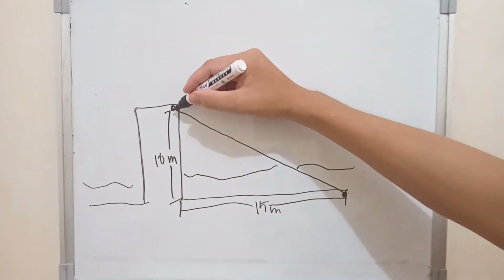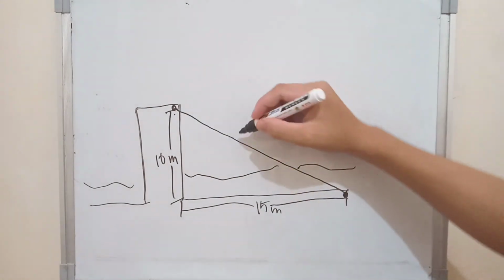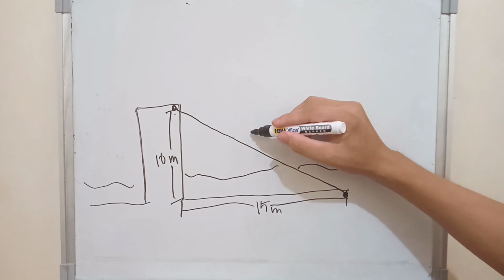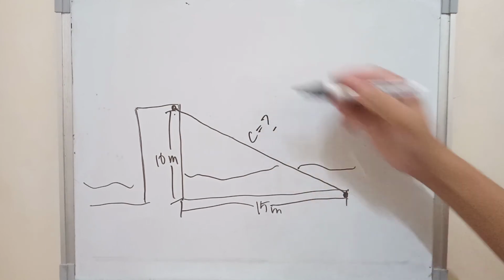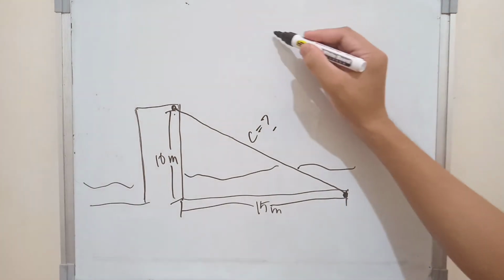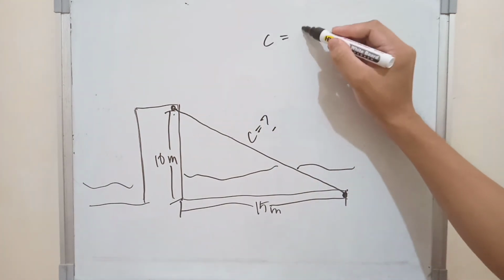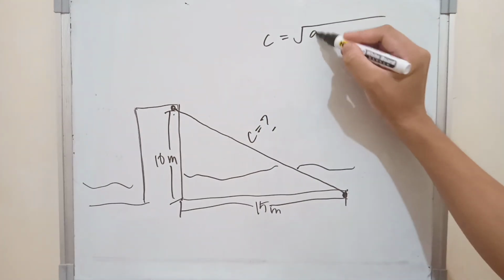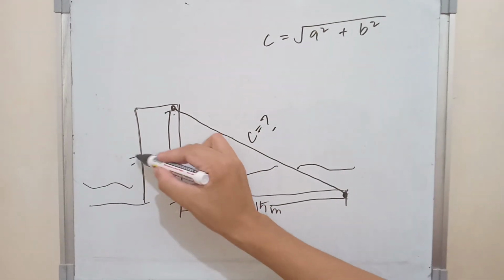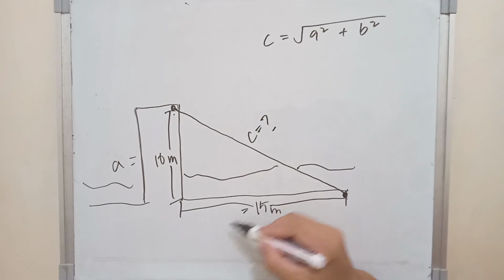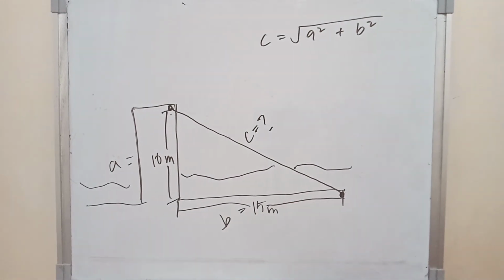So, ito yung unknown. Label na natin ito ng C. So, gamit ang formula, C equals the square root of A squared plus B squared. Labelan po natin ito ng A. Ito yung B. Yan.